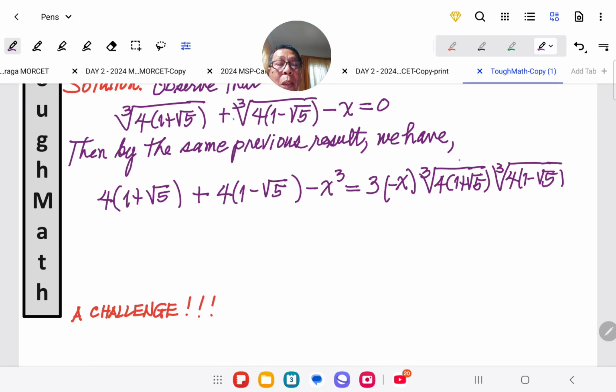Okay, which is equal to negative 3x times the cube root of, since they have the same indices, we can put them under one radical sign.